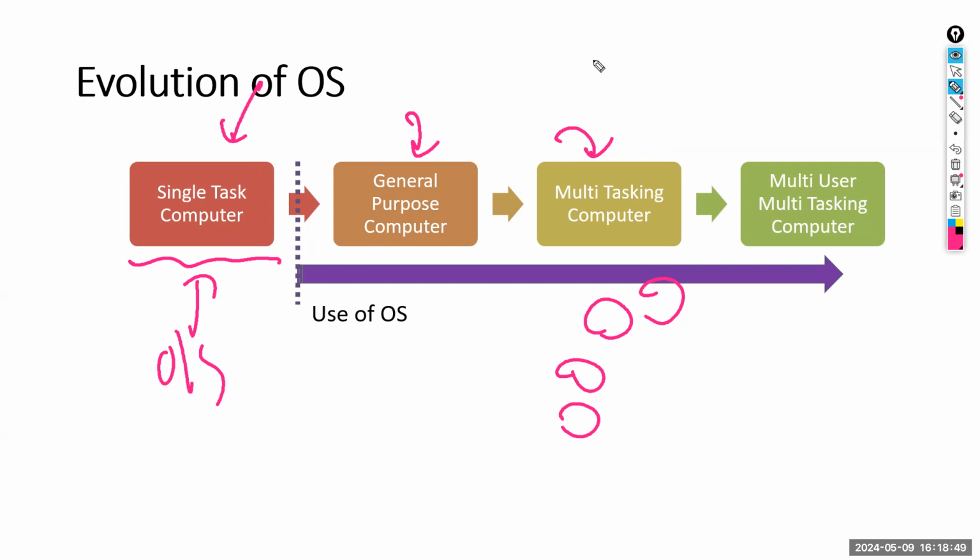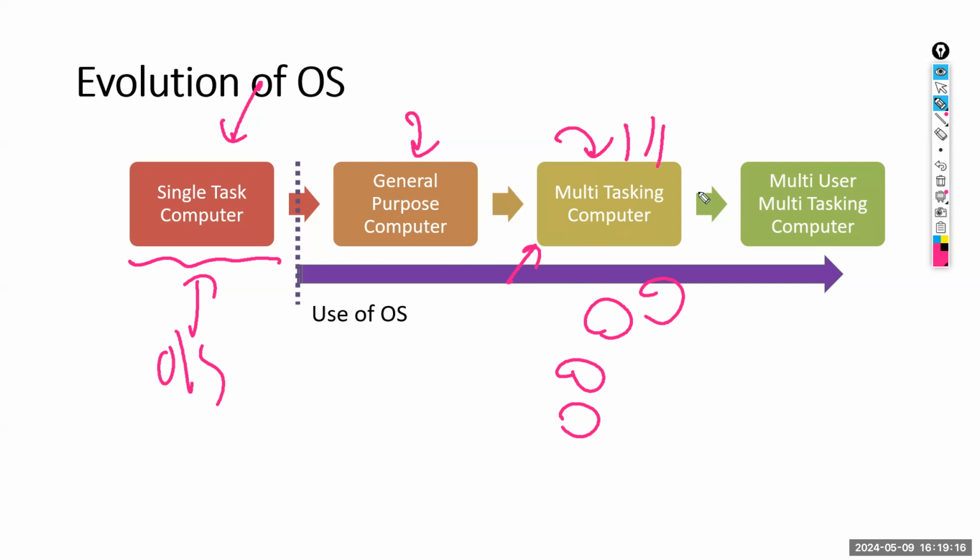I'm running Zoom, I'm running this particular software that I can draw on the screen, I'm running PowerPoint, and there are so many other software running in the background. So multitasking means multiple programs are run at the same time. So the need of operating system became more important.